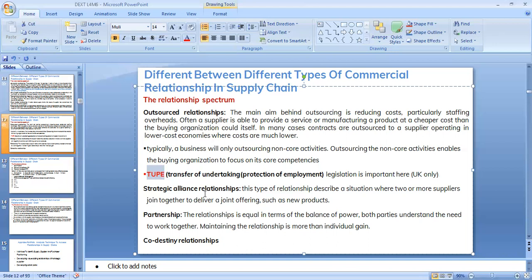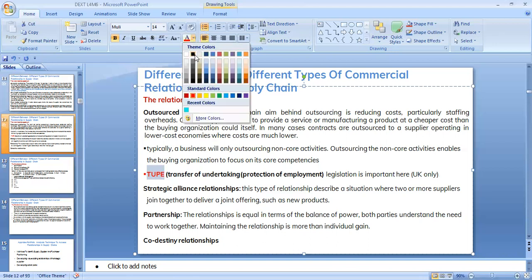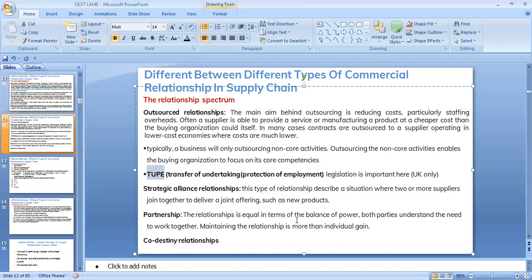Now let's take a look at the next one, the strategic alliance relationship. Alliance is a powerful word. Strategic is another powerful word. This type of relationship explains a situation where we have maybe two suppliers coming together, or a supplier and a buyer coming together to deliver a joint product, or to carry out a service together.